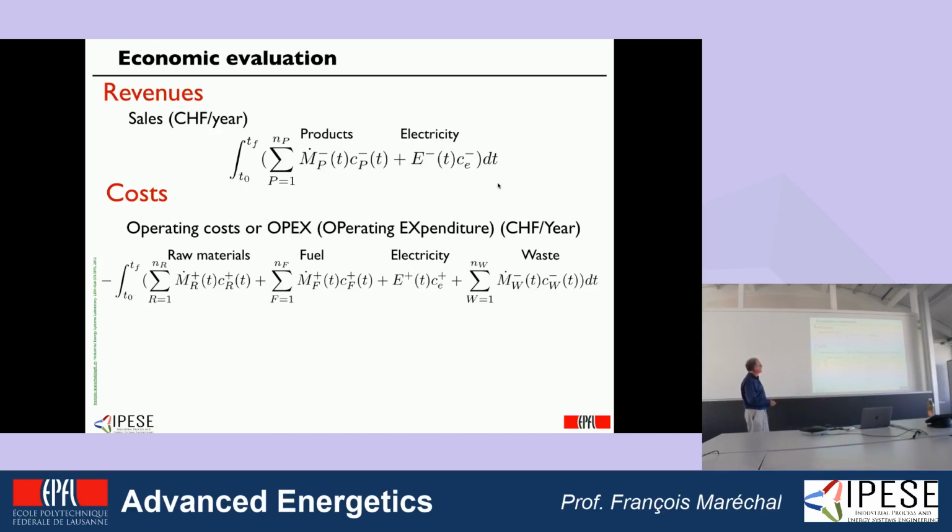And then afterwards you will have the operating cost that is coming from the value of the raw materials that you buy, the fuel that you will consume, and of course, depending on the type of raw materials, you will perhaps consume more or less fuel. The electricity that you will buy, and the waste that you will produce will also have value.